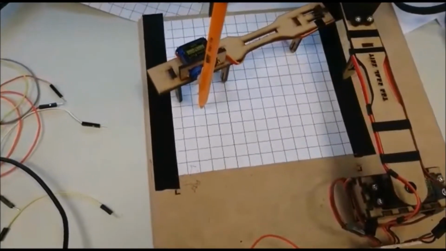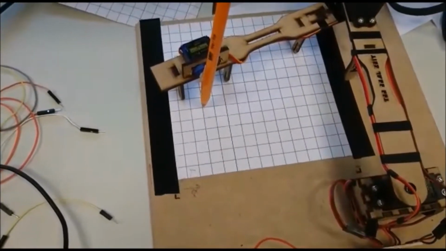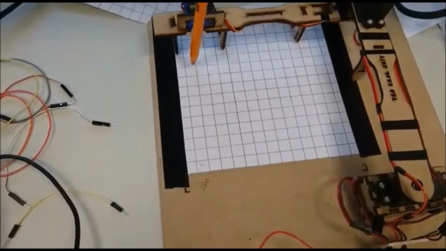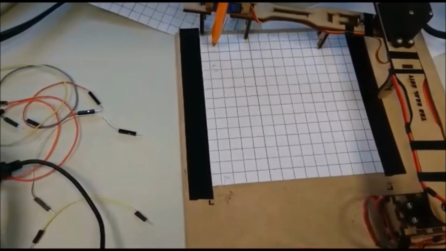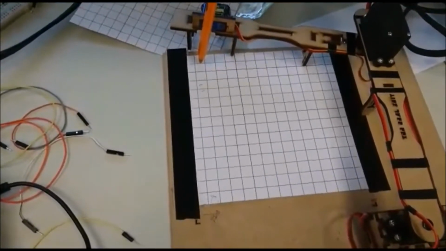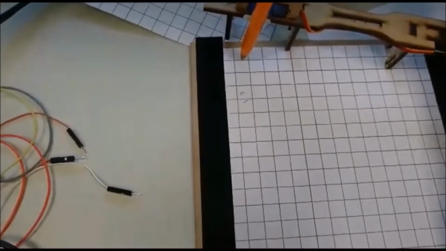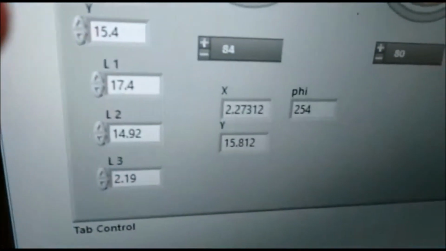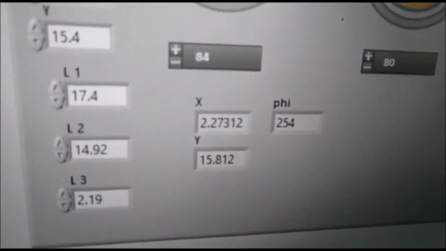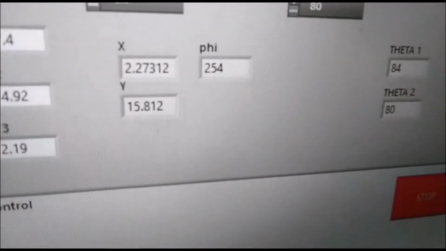So here we're diminishing the angle that, as we said, is 180 minus theta, and here we are moving the other angle. So we see the position is more or less like in our image here.